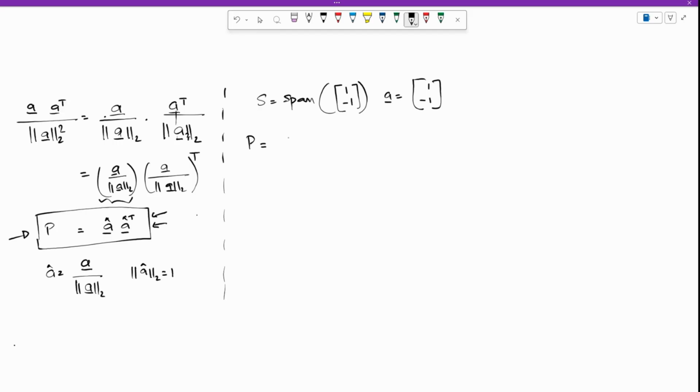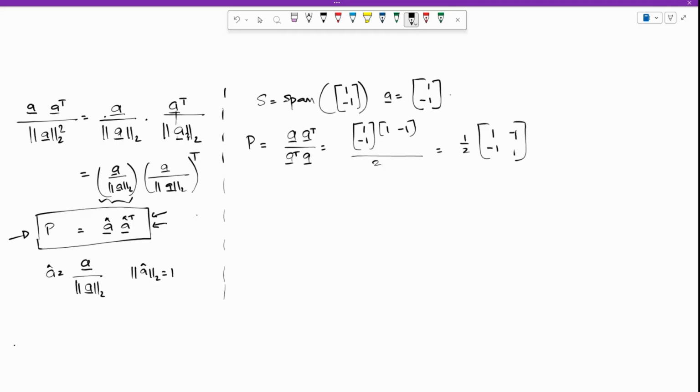The orthogonal projection matrix is given by A A transpose over A transpose A. The vector is 1, minus 1, and A transpose A will be 2. So this will be 1 by 2 times the matrix 1, minus 1, minus 1, 1. Okay.